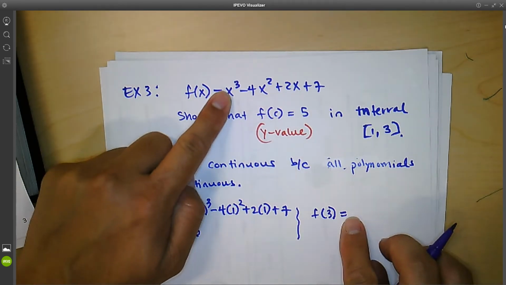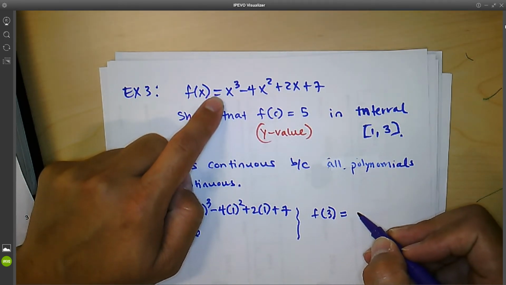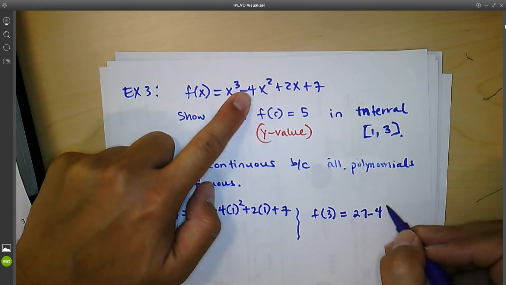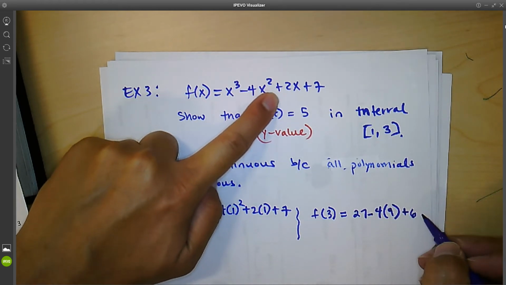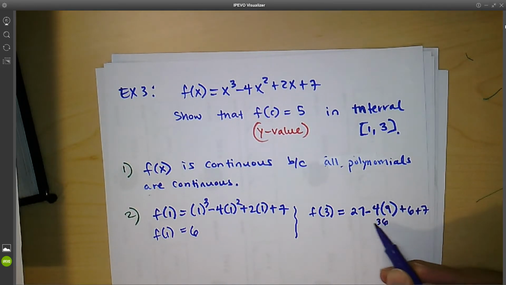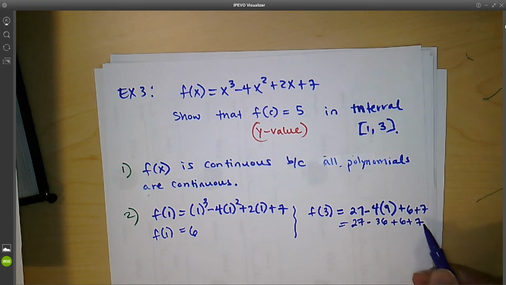F of 3, I put 3 into that, I get 27 minus that, plus that, plus that. Okay, you guys help me out. 4.